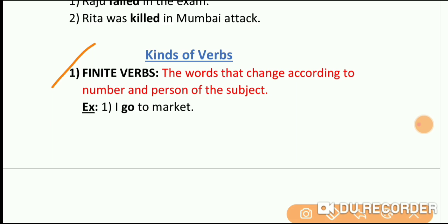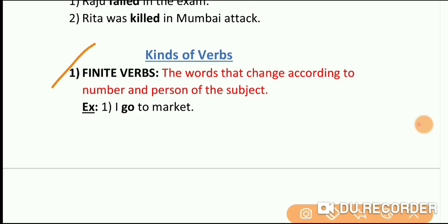Means the verbs which change their form according to the number or the person of the subject. They are called finite verbs. Means the verbs which have different forms.